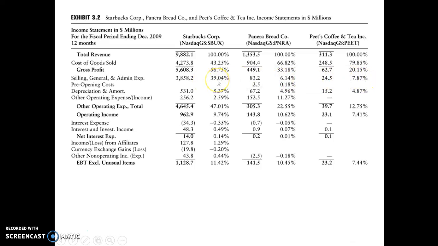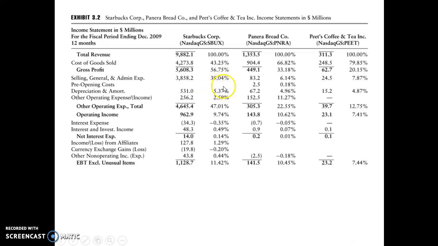And that probably has to do with Starbucks' business model, being a destination place with large seating areas and Wi-Fi and many stores in convenient corner locations. That probably all adds to their selling and general administrative expenses.